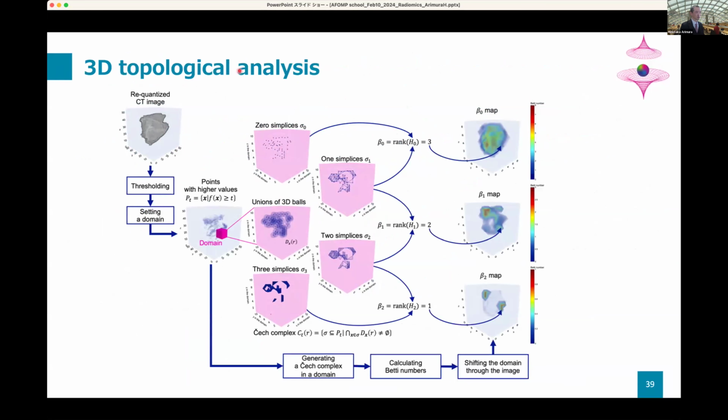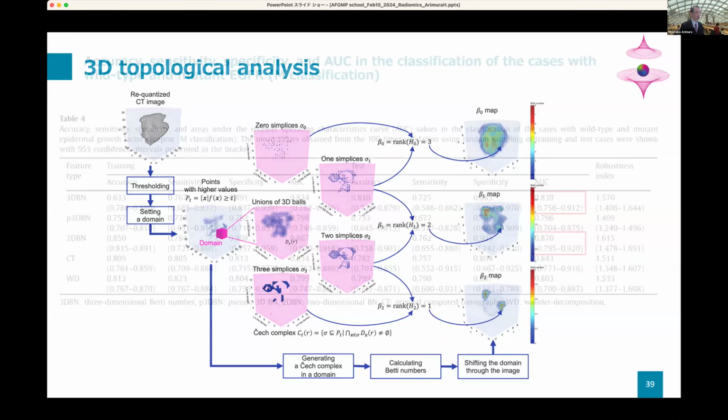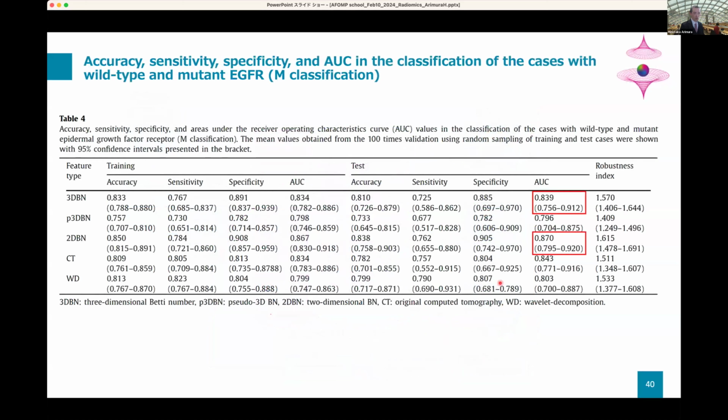So here is topological analysis, but three-dimensional fold analysis by using homology theory, a very complicated theory. So in this study, we received support from mathematicians. But we have a very nice result.